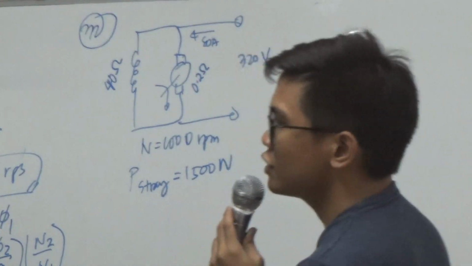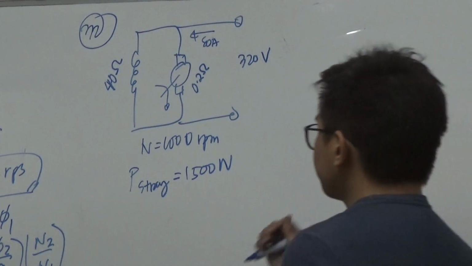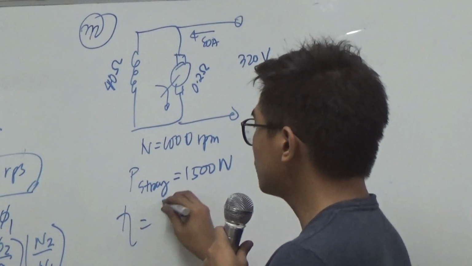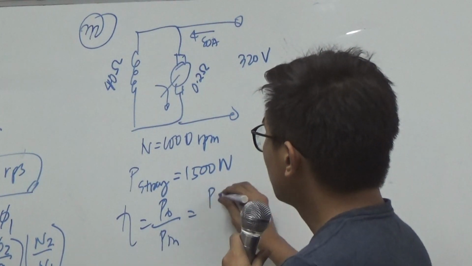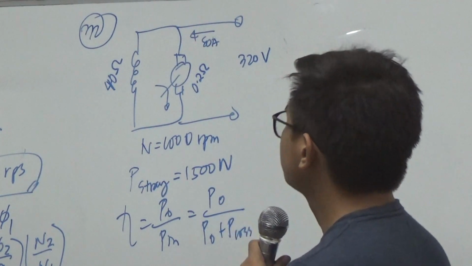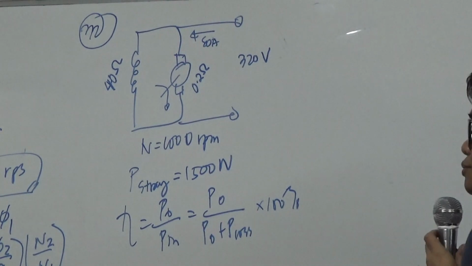Determine the overall efficiency of the motor. Siyempre, yung efficiency natin is equals to power output over power input, or equals na sa power output over power output plus P losses. Times yan sa 100%.